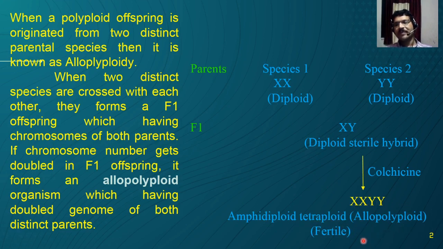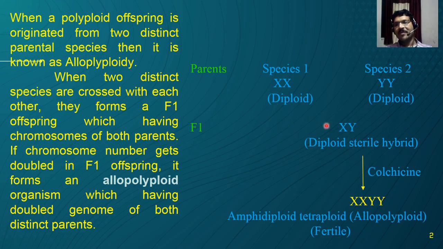So this is fertile. The F1 organism is a sterile one because there will be no pairing of chromosomes during meiosis, since the chromosomes are of two different species. So the F1 hybrid will be sterile.